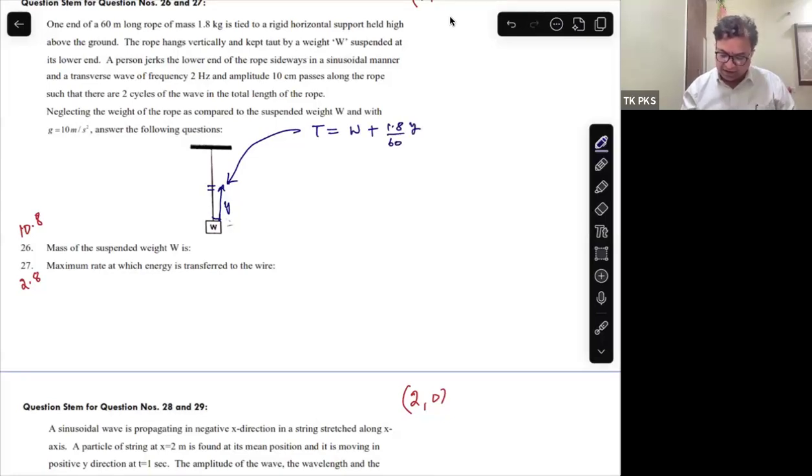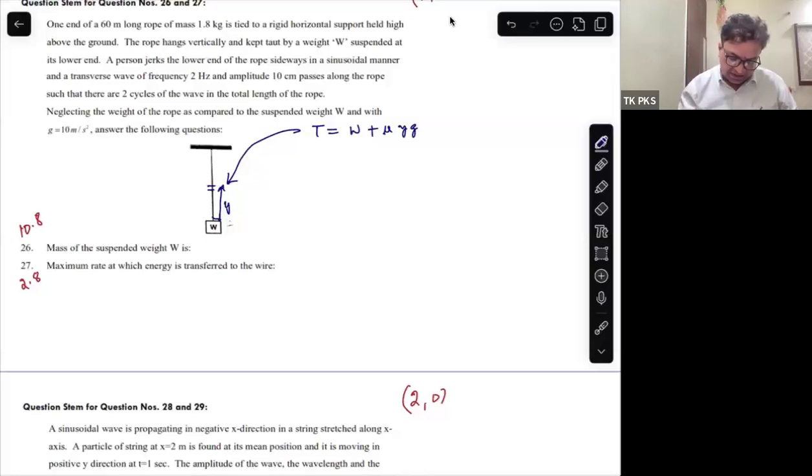For a while, you will write it as mu, because lambda would be confused with wavelength again. Mu stands for mass per unit length. So mu y g is that tension at that point.